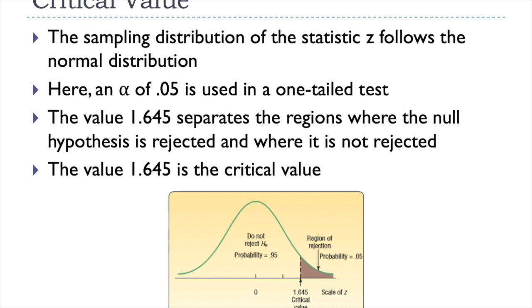It separates the region where the null hypothesis is rejected, which we call this tail over here, and then this larger area under the curve to the left of 1.645 is the area where we would fail to reject the null hypothesis. So that's what we mean by critical value.